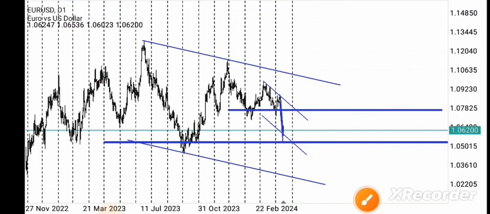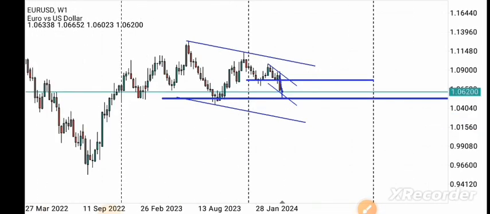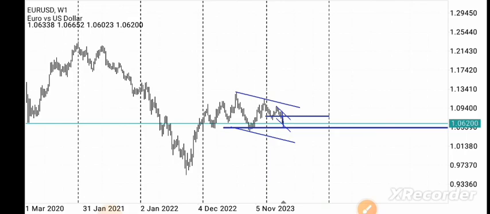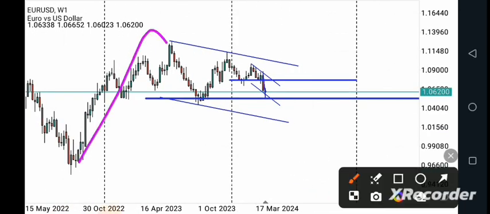But just to go back to the weekly chart, just bear with me. On the weekly chart, I want to see price actually closing below this level, and once it does so, I want to see it head back to this level.